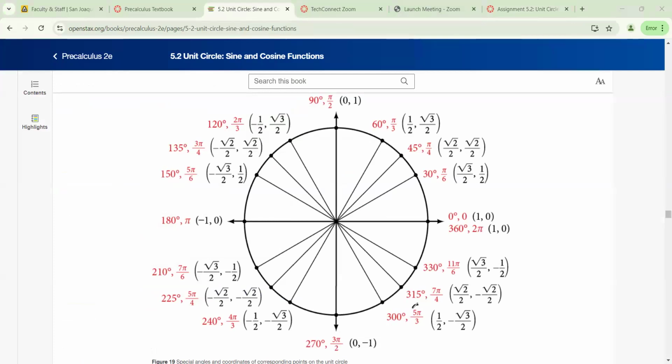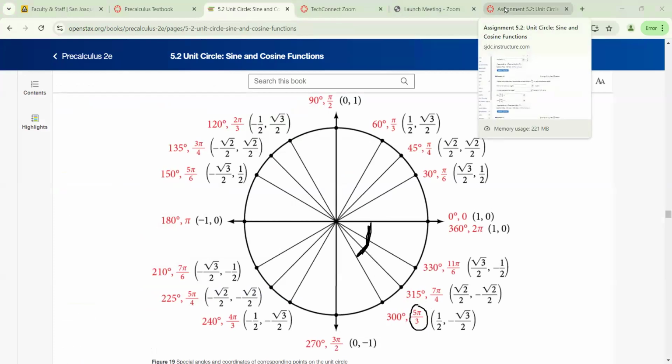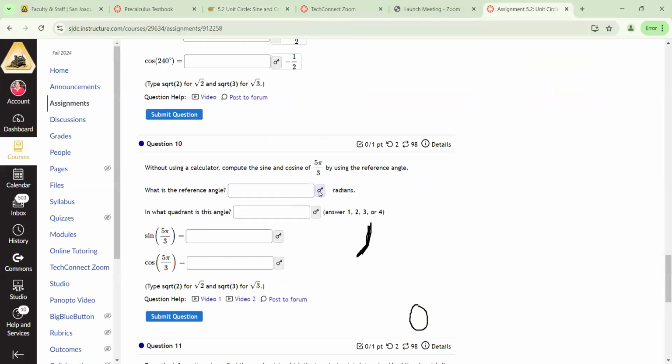So this one is your 5 pi over 3. If you go this way, that's what you're referring to, how far down you are from the x-axis. That is your reference angle for 5 pi over 3, like 30, 45, and then you go to 60.